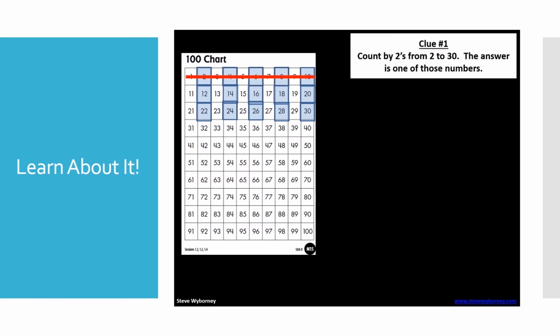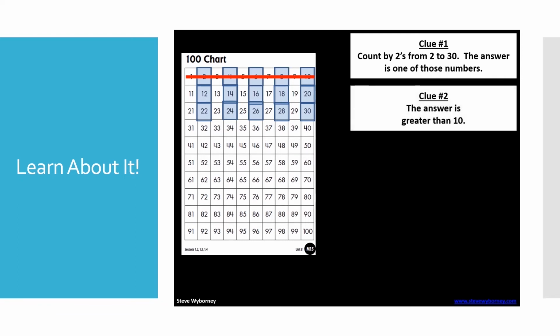We know that counting by twos from 2 to 30 will give us our answer, and that it's greater than 10. So we have 12, 14, 16, 18, 20, 22, 24, 26, 28, or 30 as our choices.